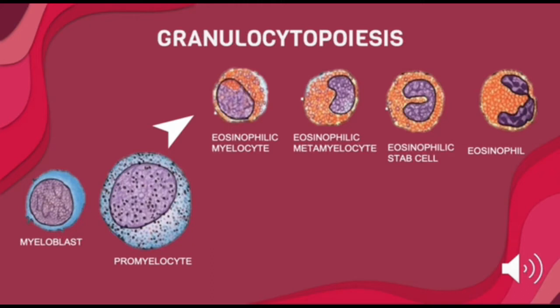Then it becomes promyelocyte, and the third one, eosinophilic myelocyte, the fourth one, eosinophilic metamyelocyte, the fifth one, eosinophilic band cell, and the last one is when it is mature, it becomes eosinophil.